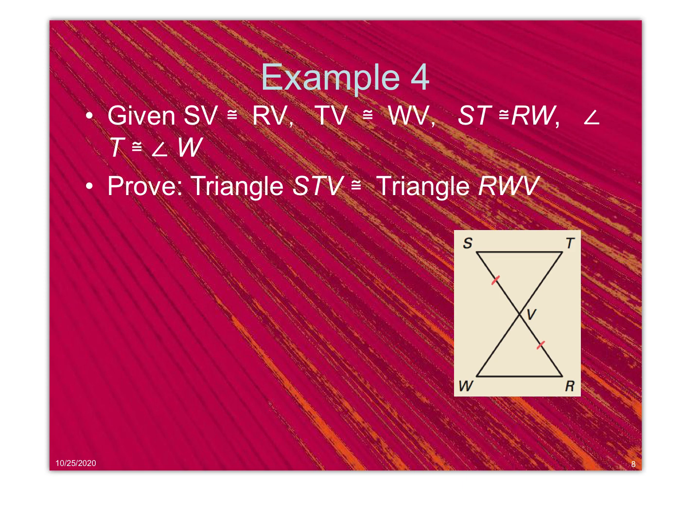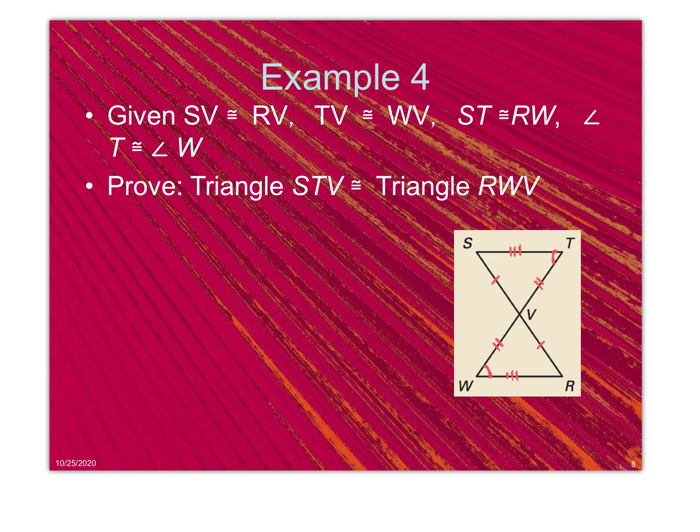Segment TV is congruent with WV, so this segment here is congruent with this segment there. The third one says that ST up here is congruent to RW. Lastly, they tell us that angle T is congruent with angle W. This angle is congruent to this one.